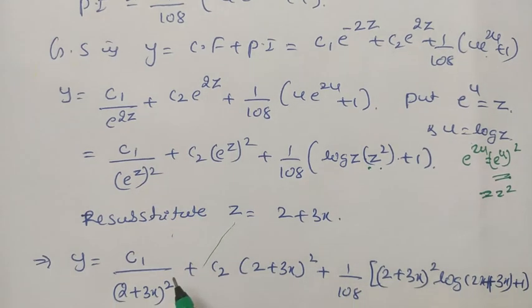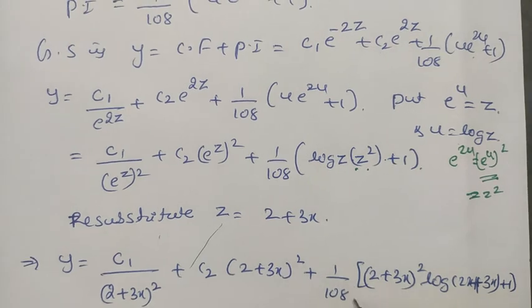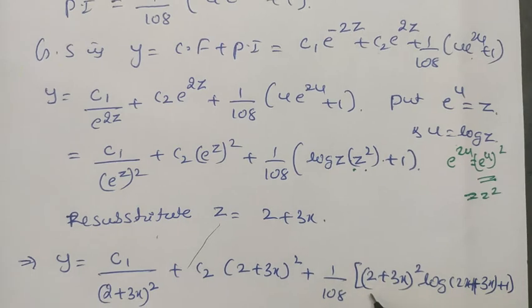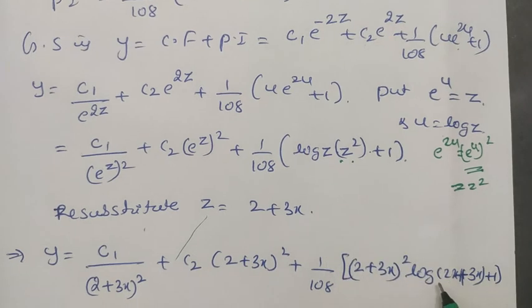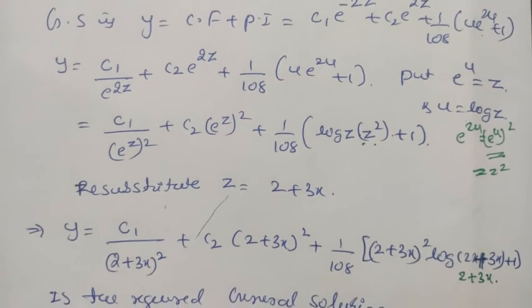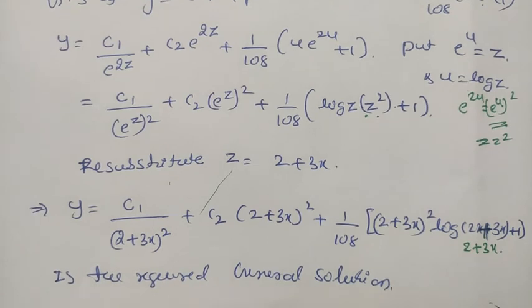So that is y equals c1 divided by 2 plus 3x whole square plus c2 into 2 plus 3x whole square plus 1 divided by 108, z is this, z square, first you write 2 plus 3x whole square, and log of z is log of 2 plus 3x, and plus 1, and it is the required general solution.